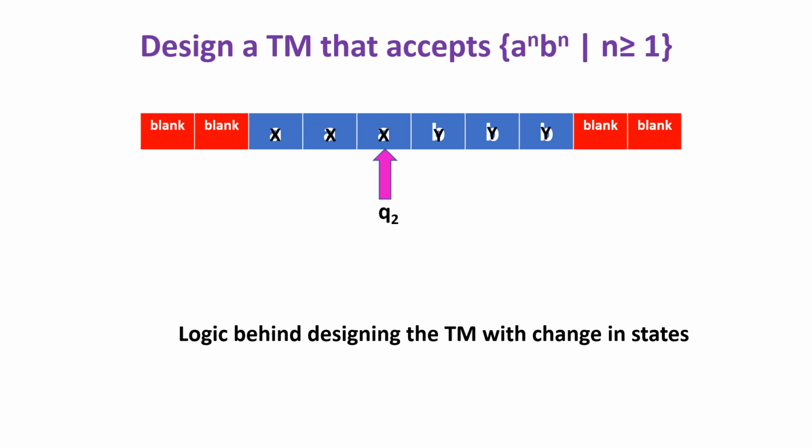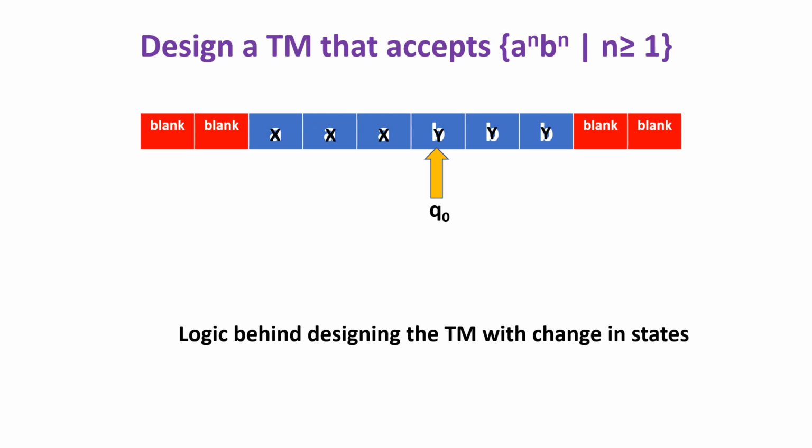Be in this state Q2 until we get the first X. So now once we got an X, according to the rule, change the state to the initial state and move towards the right. Now, at this point, it is in Q0.